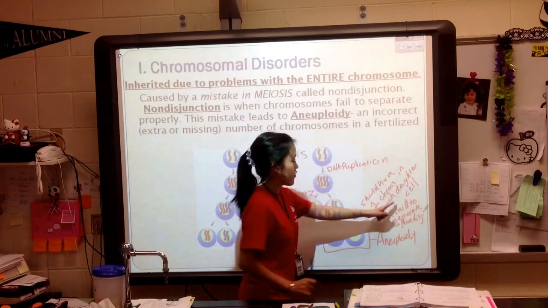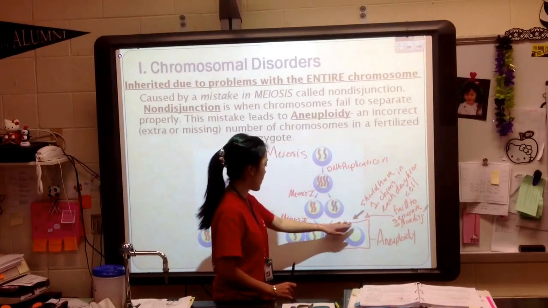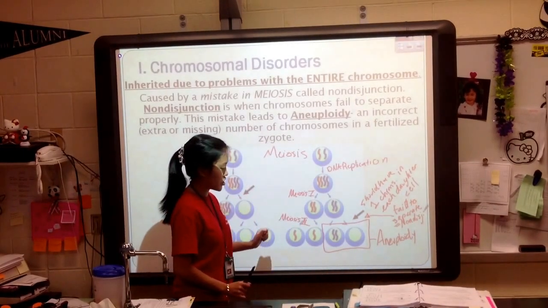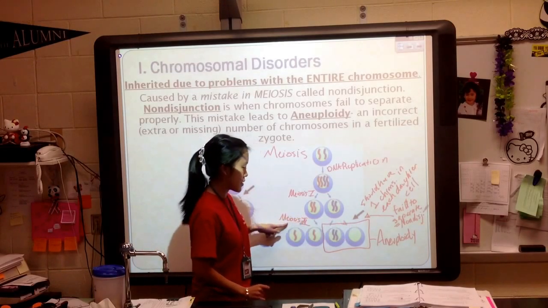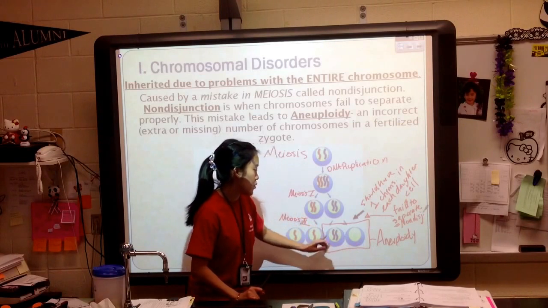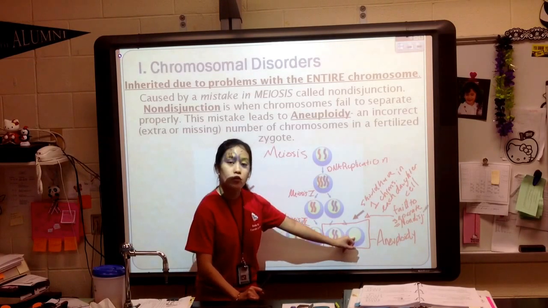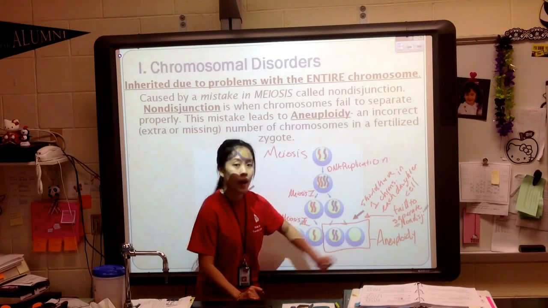Okay, so failing to separate, when we were separating our chromosomes, is called non-disjunction. So that's the process that happened during meiosis II in this case. And the end result where we have these two cells having the wrong number of chromosomes is called aneuploidy.